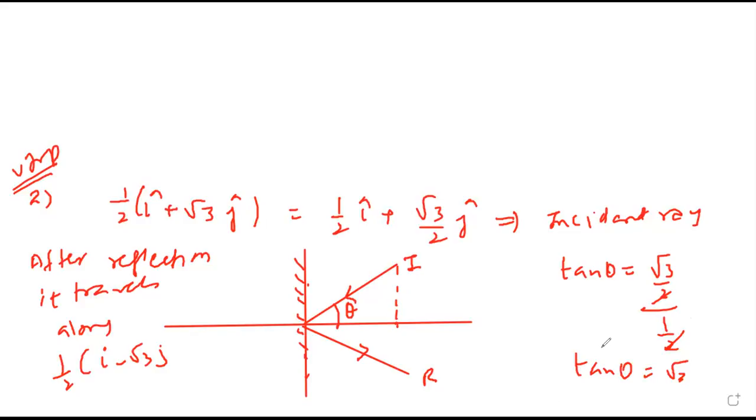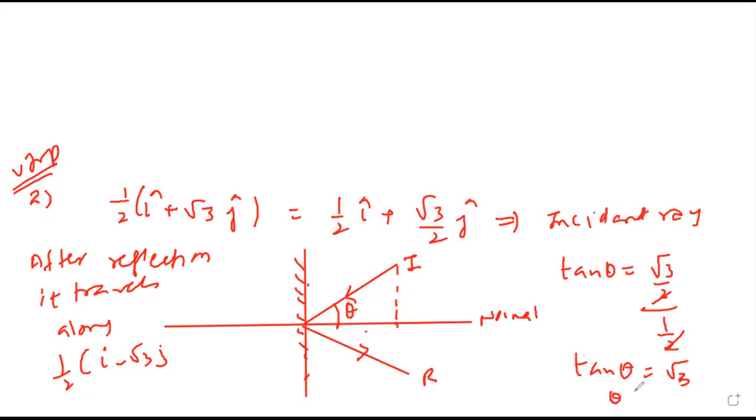Correct? Now, if the incident ray is half i plus root 3 j and reflected is half i minus root 3 j, then this is the angle of incidence if I consider this as normal.